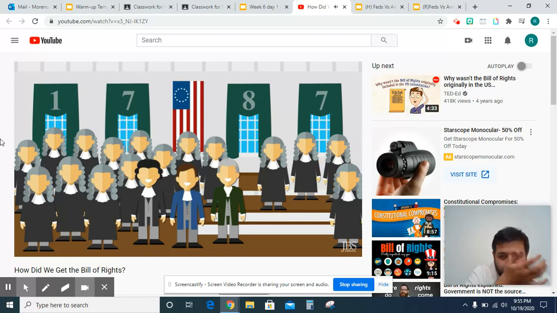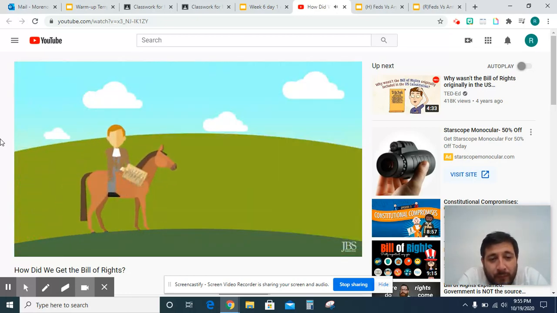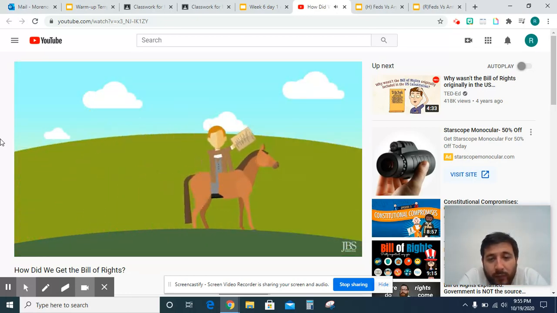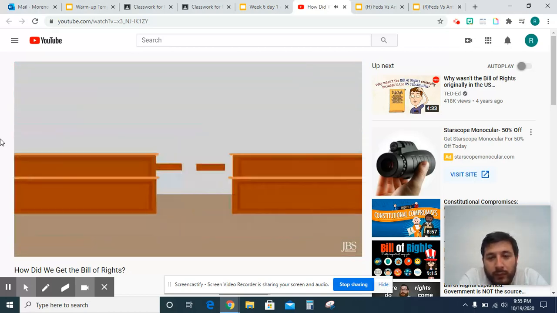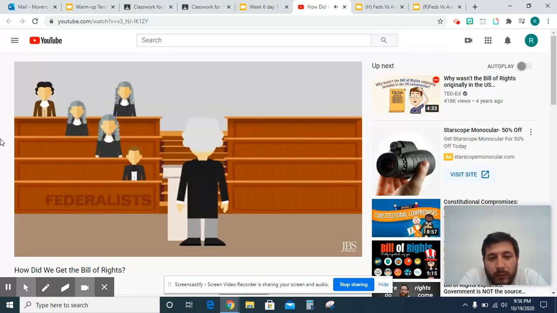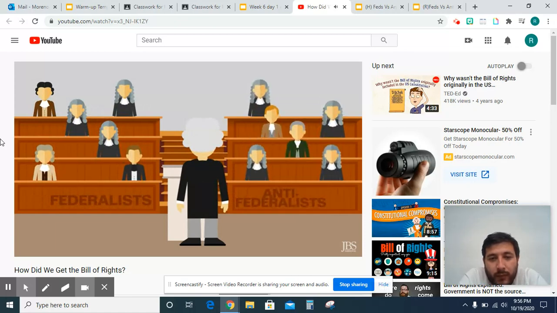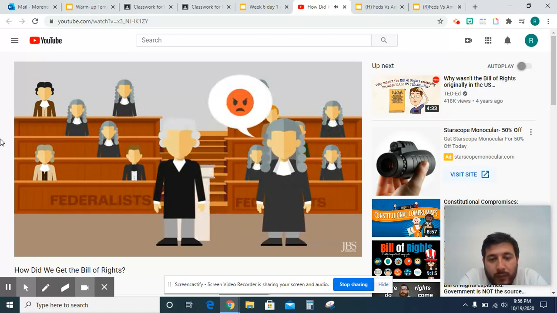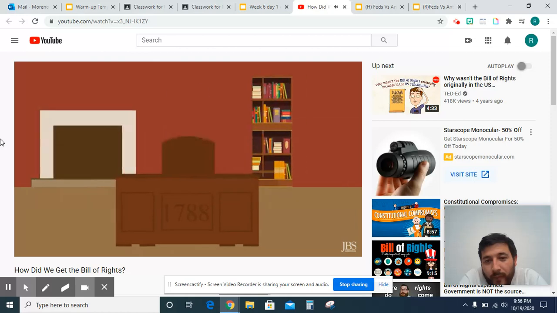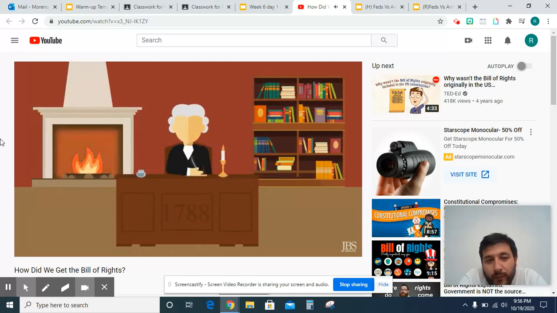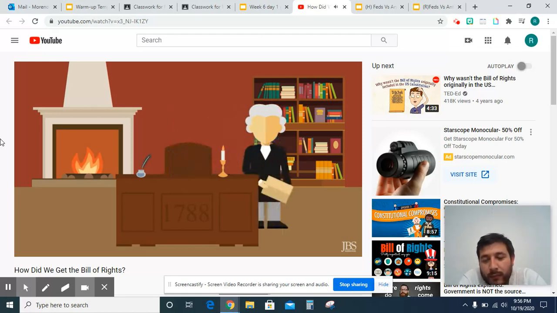The Constitution from being sent out for ratification. However, during this time, a quarrel known as the ratification debates began between Federalists and Anti-Federalists. It was argued the Constitution lacked specific limits on government power. In order for some states to ratify, the condition was made that a Bill of Rights had to be added. Following the ratification of the Constitution in 1788, James Madison took on the responsibility of drafting amendments that would protect our individual rights.